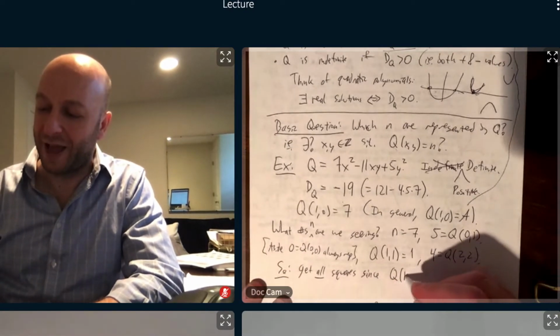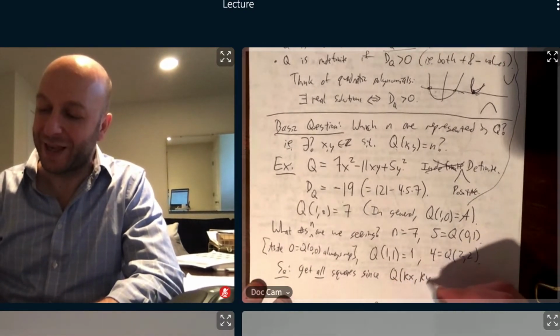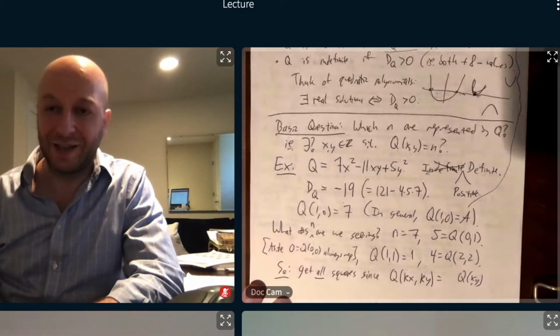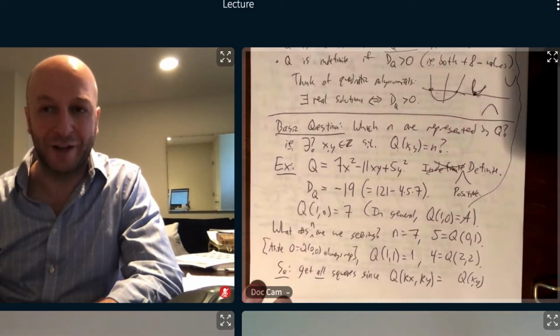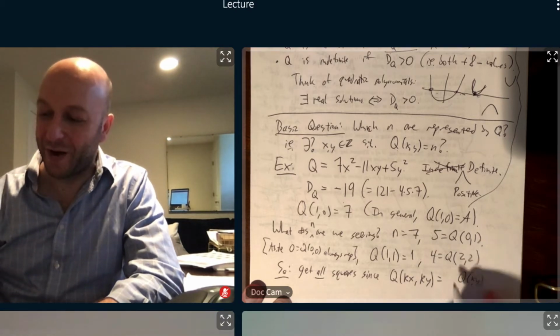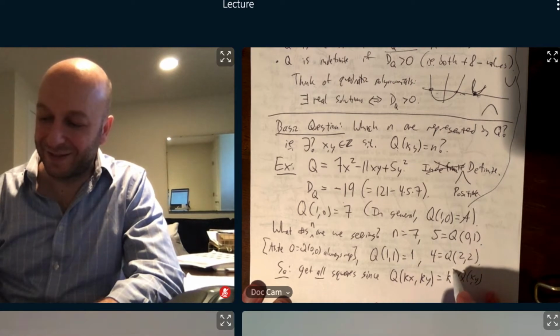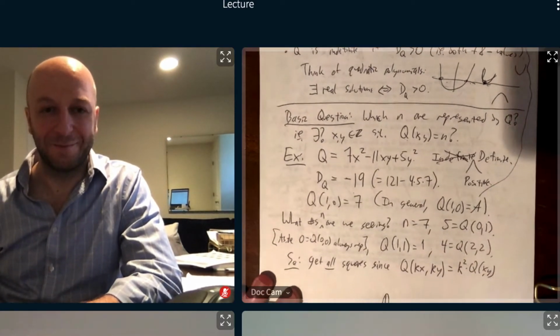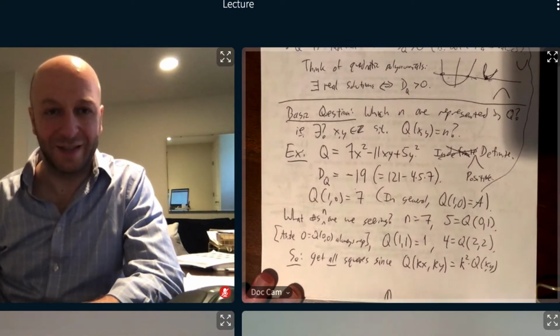If you replace x by kx and y by ky, that's the same as the value at xy, except with an extra factor in front of k squared. Does everybody see that? Yep. Exactly, Kevin. Exactly, Dependra.